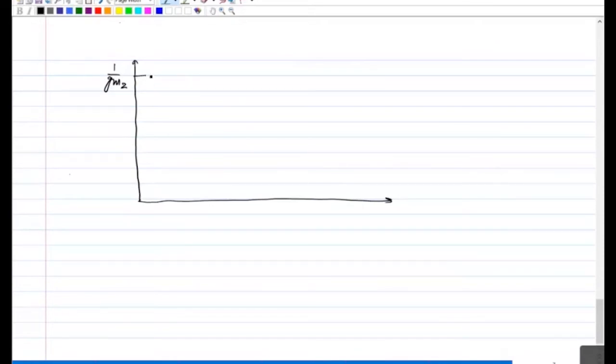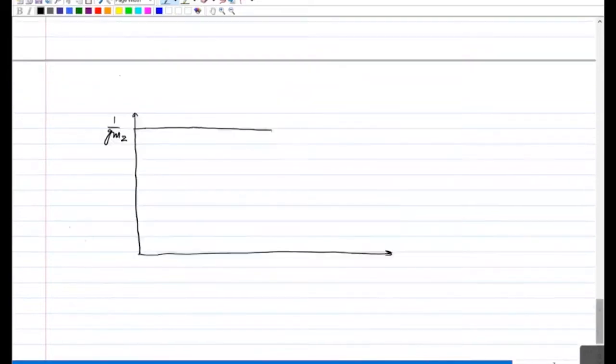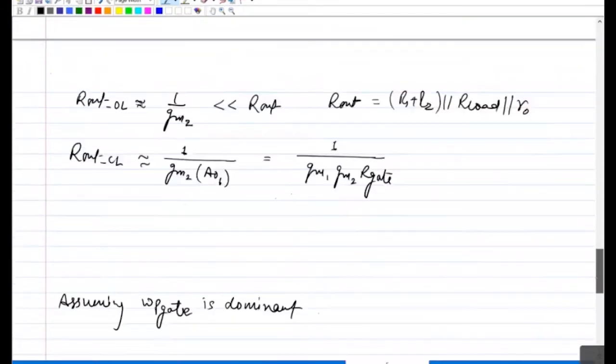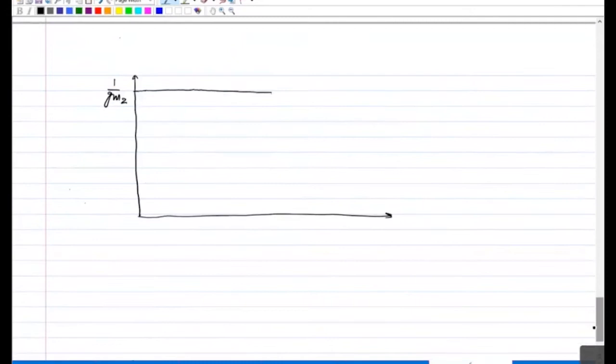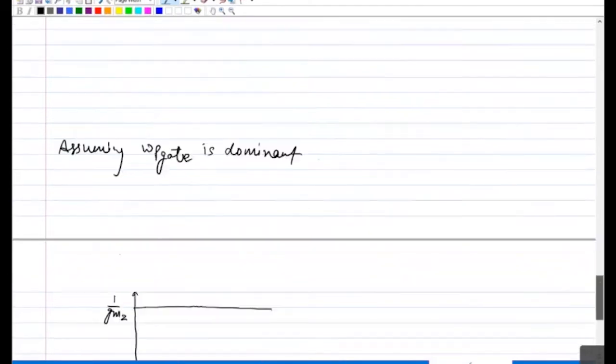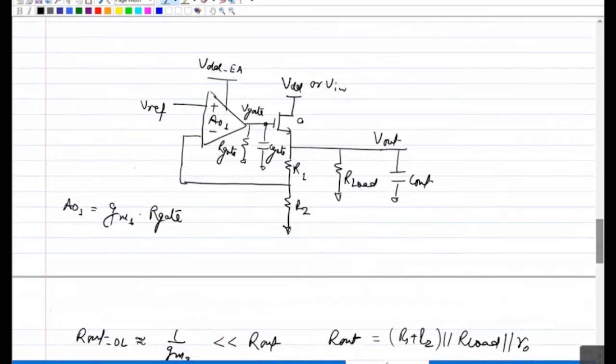So in the open loop, where will be the pole? Can anybody tell where is the pole in the open loop? 1/C out.